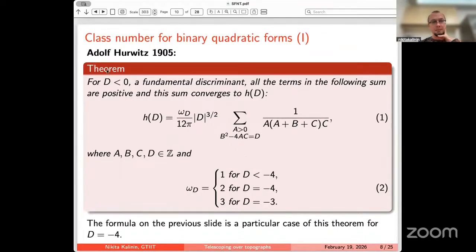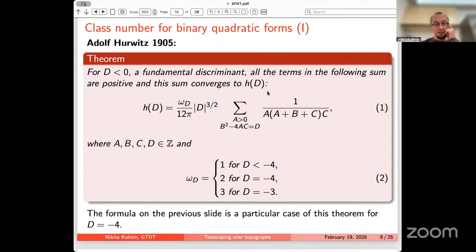There is a theorem of Adolf Hurwitz from about 100 years ago. If you have a fundamental discriminant D less than 0, then all the terms in the following sum are positive, and this sum converges to h of D, the class number. What you should know about h of D is that it's an integer. Here you have a constant omega D, which is usually 1, but for D equal to minus 4 and minus 3, it's different.